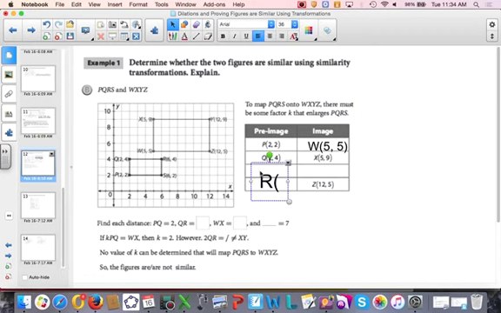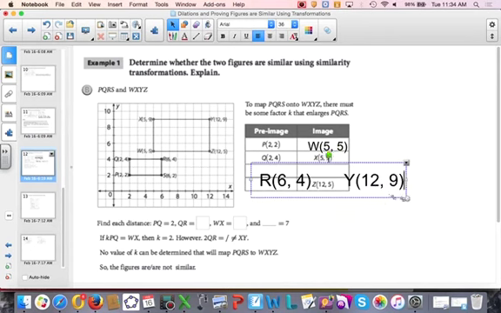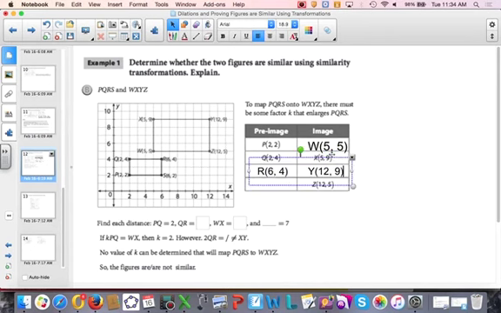R is at (6, 4). And its image is Y, located at (12, 9). And Z is at (12, 5). Its pre-image is S, located at (6, 2).